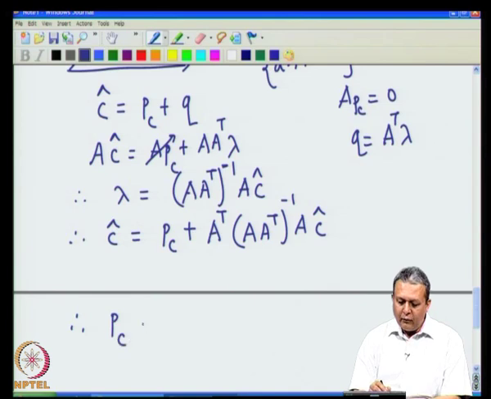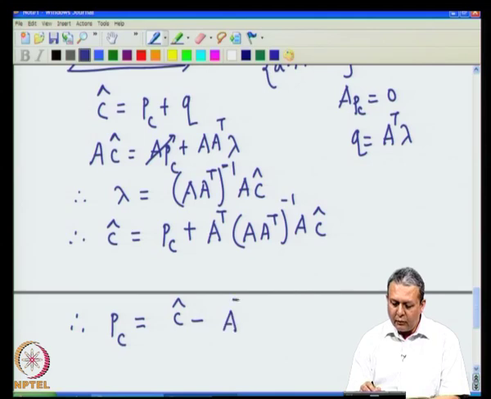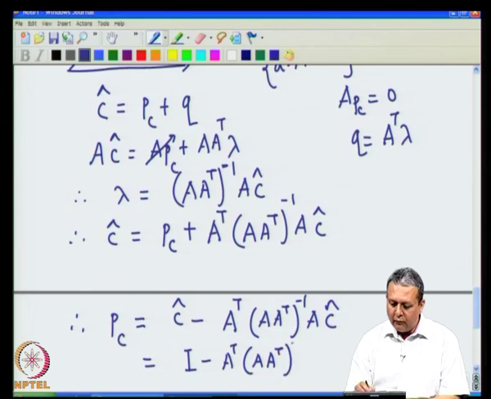P C, which is the projection of the vector C hat on the null space of A, is nothing but C hat minus A transpose A A transpose inverse A C hat, and this is nothing but identity matrix minus A transpose A A transpose inverse A into C hat.